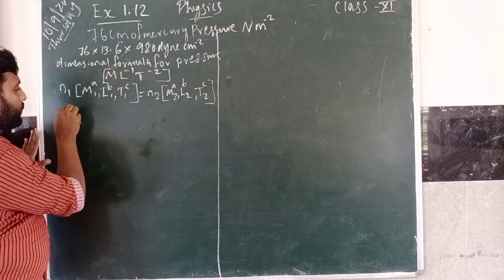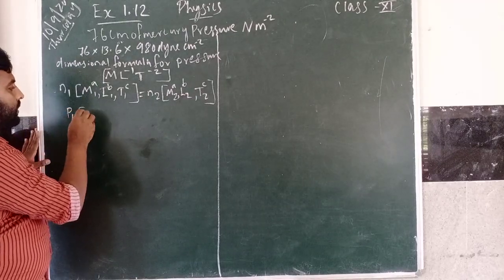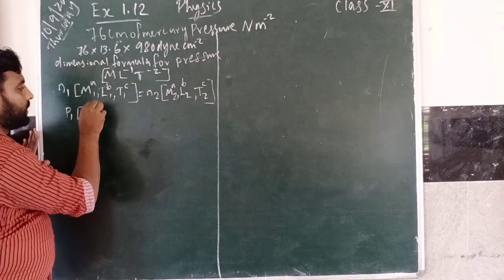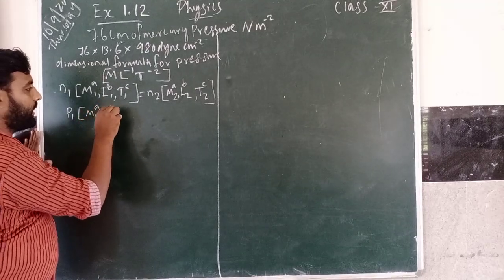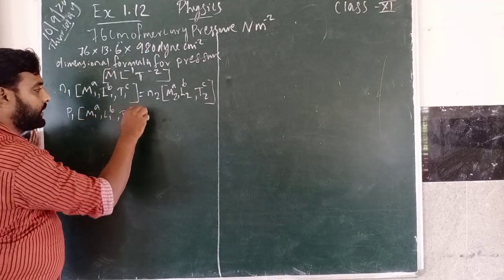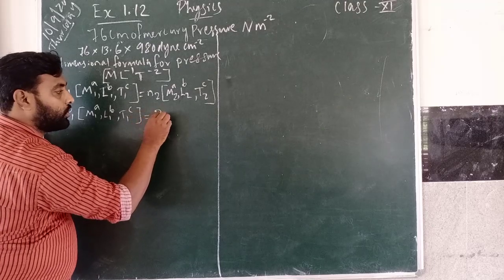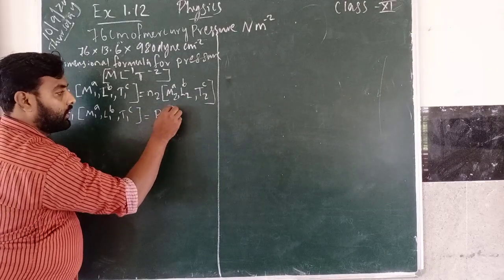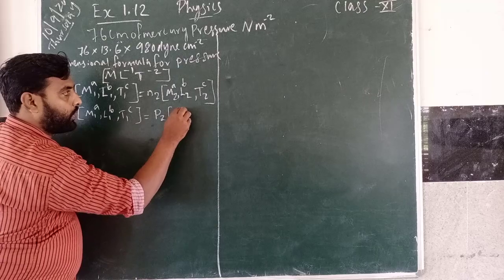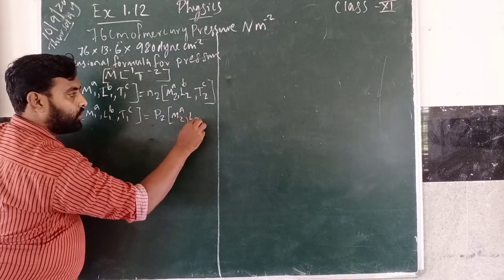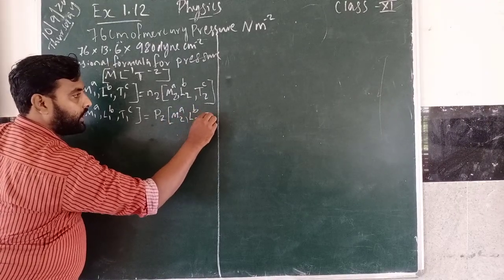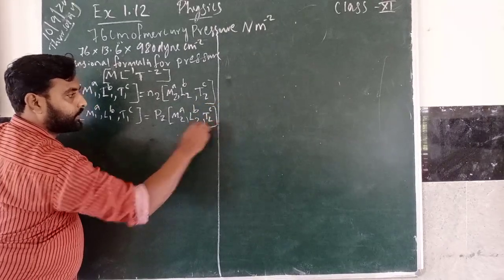So here you put P1 M1 power a L1 power b T1 power c equal to pressure 2, which we want to find out, M2 power a L2 power b T2 power c.